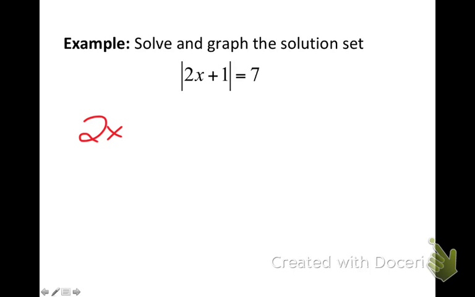My positive case, just drop your absolute value signs, which gives you 2x plus 1 equals 7. If we solve that out, we get 2x equals 6, x is equal to 3. But that only takes care of my movement to the right of 0. If we think about it as the real number line, I also have those 7 units to the left of 0, which means that 2x plus 1 could also equal negative 7.